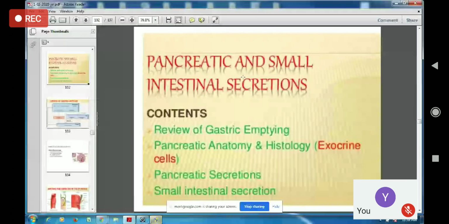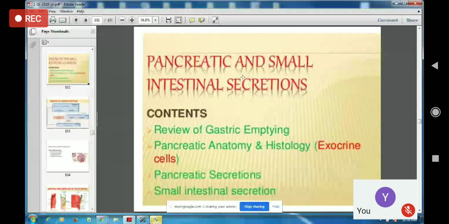When the entire food content of the stomach is thoroughly mixed with the gastric juice and is converted into chyme, then gradually the pyloric sphincter opens and food enters the duodenum drop by drop. It is not that the entire content of the stomach will go immediately into the duodenum, in the small intestine. It will go drop by drop.